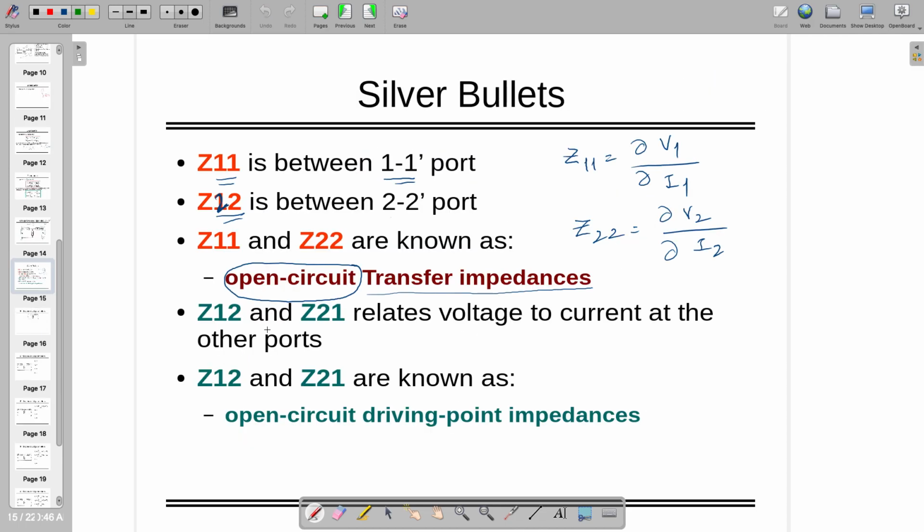That is what I am writing here. Z12 and Z21 relate voltage to current at other ports. These two impedances are known as open circuit driving point impedances. There is already one adjective given, open circuit driving point impedances. If we are using such words, please do not get confused, and whenever you could not understand any word, please interrupt me, because these are new words. Did you already know these words or not? Okay.